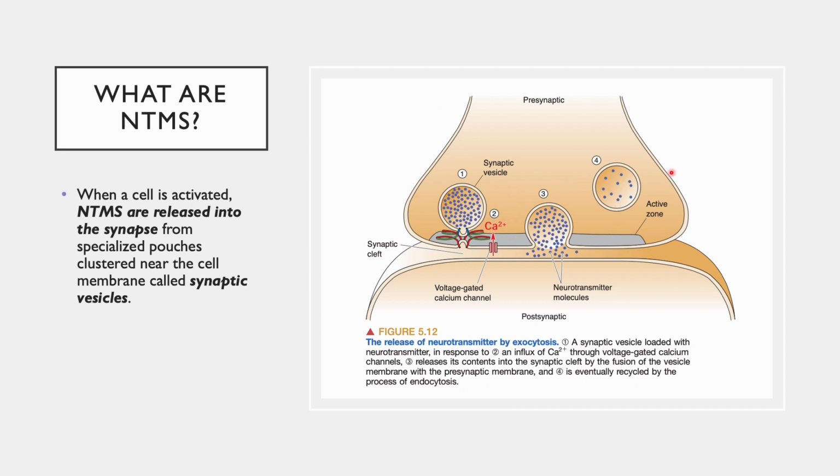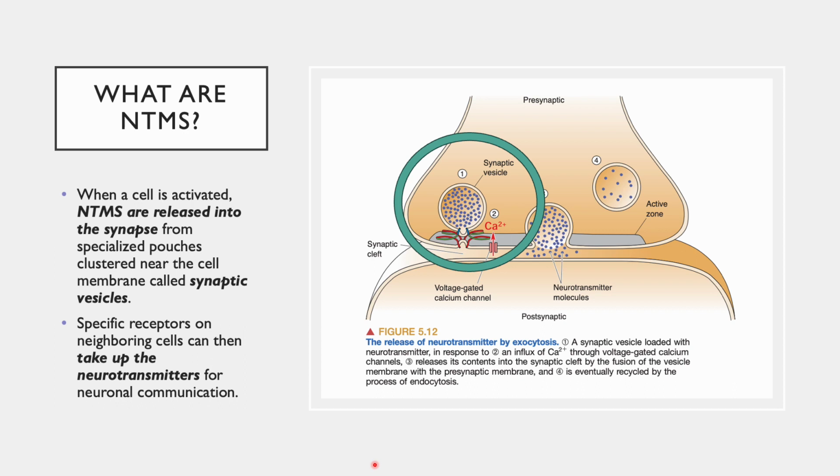Calcium performs something known as exocytosis, and this allows neurotransmitter molecules to come into the synaptic cleft and then bind to the postsynaptic neuron. Remember that specific receptors on neighboring cells like this postsynaptic neuron are the ones that take up the neurotransmitters for chemical neurotransmission to occur.